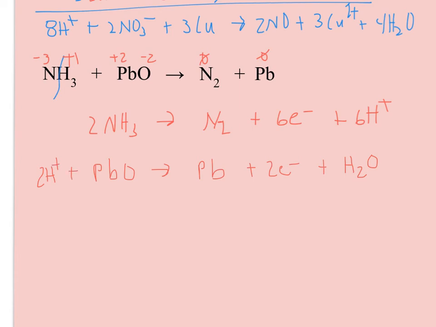I'm also going to have to multiply this whole thing by 3 to have enough electrons. So that makes this 6H plus, 3 PbO, 3 Pb, 6 electrons, and 3 H2O. So now when I go ahead and add my equations, my electrons cancel out.